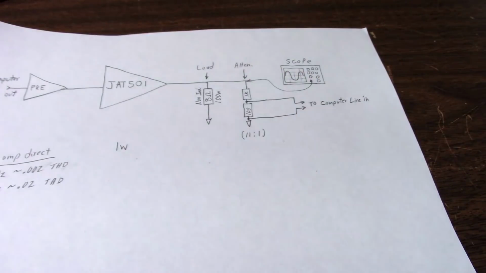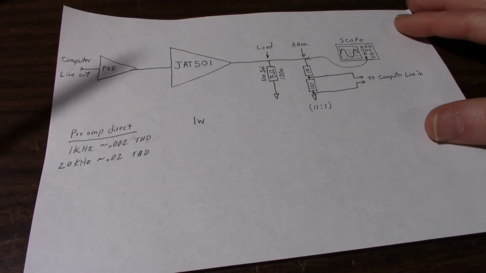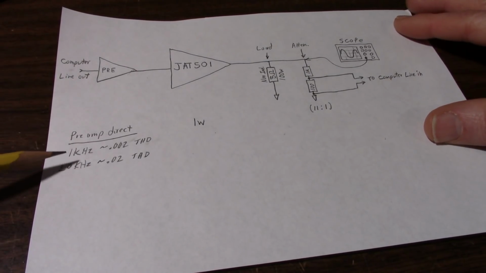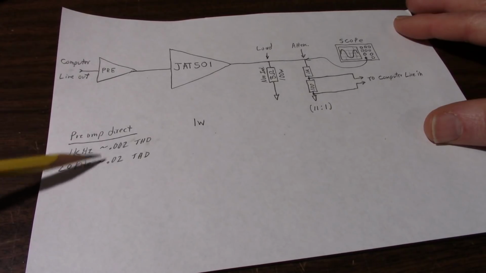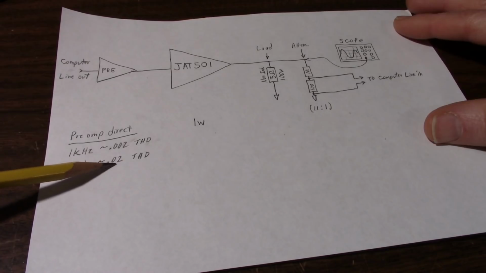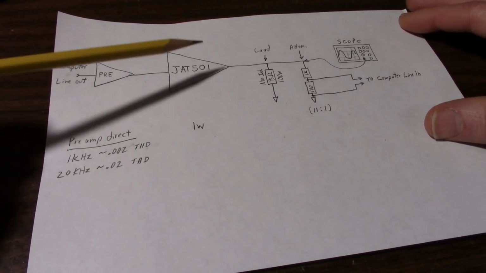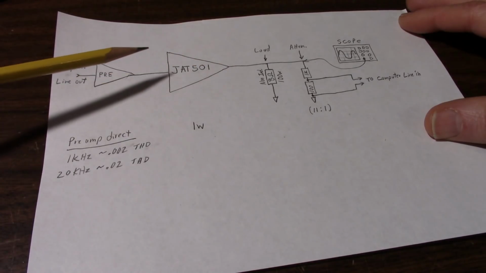So you get 11. Okay, so I notated the distortion I was measuring with the preamp at 1 kilohertz, getting about 0.002, and at 20 kilohertz about 0.02 total harmonic distortion. So I'll have that to compare with when I measure the amplifier.